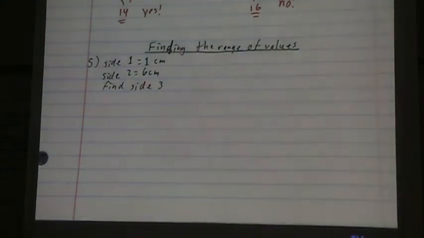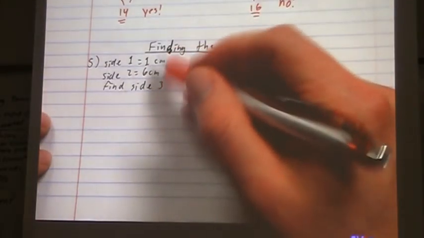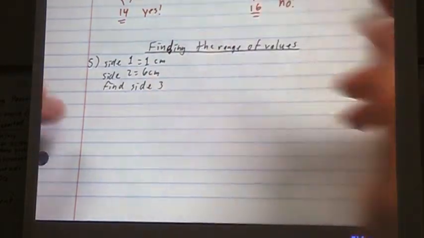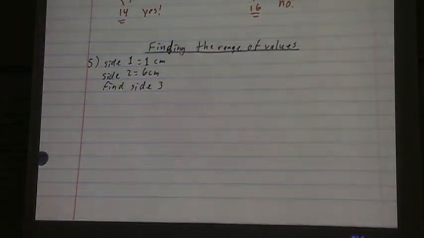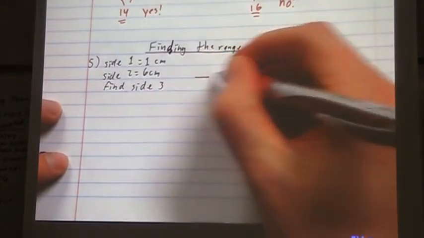Okay. And remember the property. The property is the longest side can never be bigger than the sum of these two other sides. Okay? Well, if we add these two guys together, you get 7. And if we subtract the two numbers, we get 5. That's actually how we're going to figure out a number that would work for this. So we set it up like this.